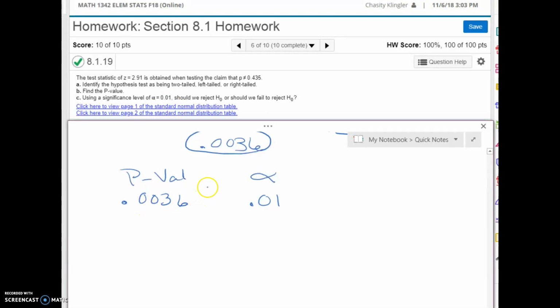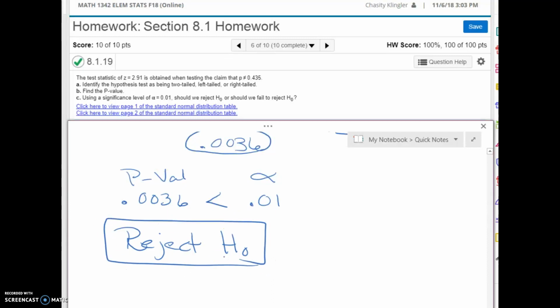This is greater than 0.01. Oh, it is not greater than. It is less than. So we are going to reject the null hypothesis.